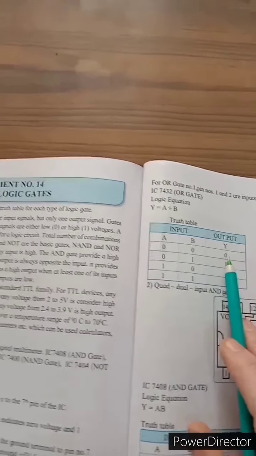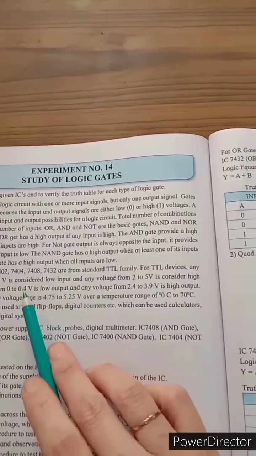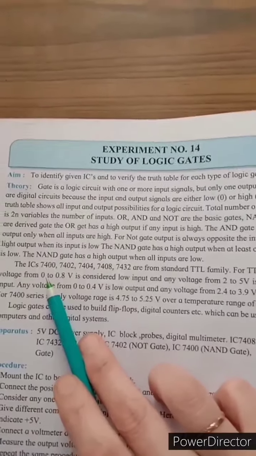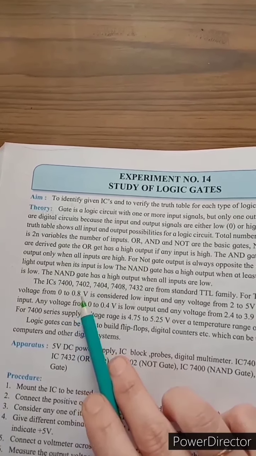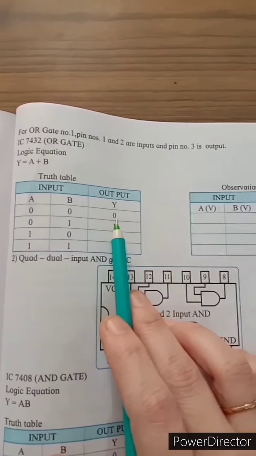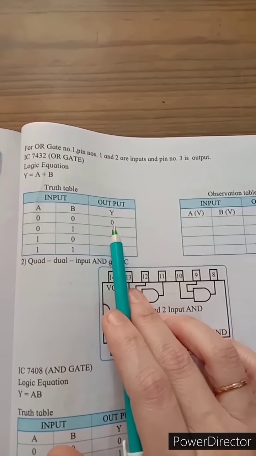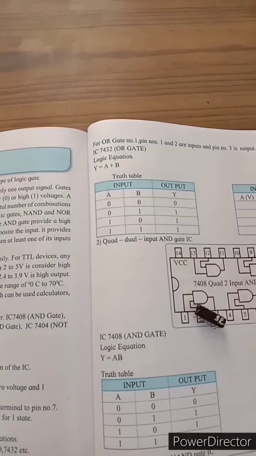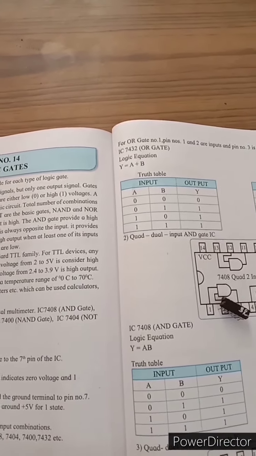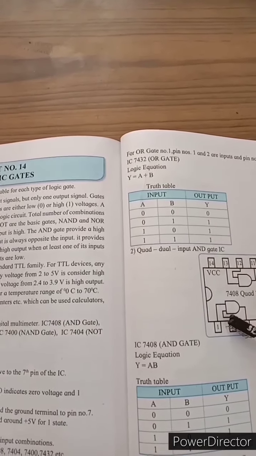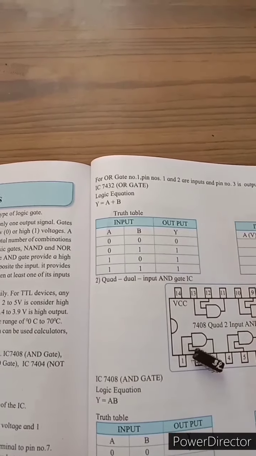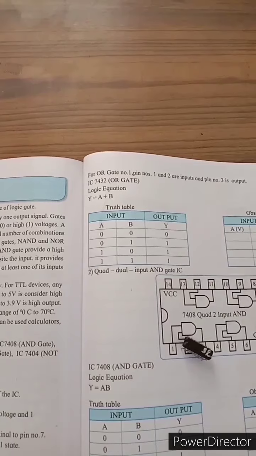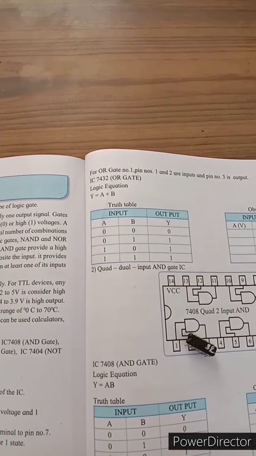If the output is low, the voltage of the output ranges from 0 to 0.8 volt, and we write this output as 0. So a logic gate will have either high output or low output. High output is always written as 1, and low output is always written as 0.